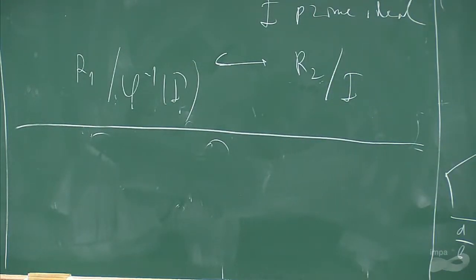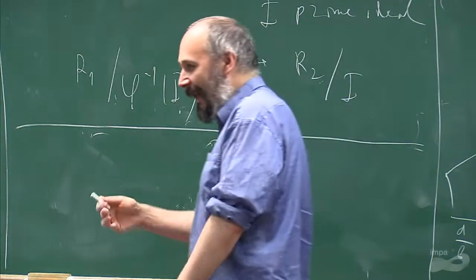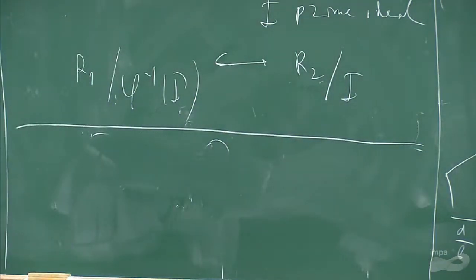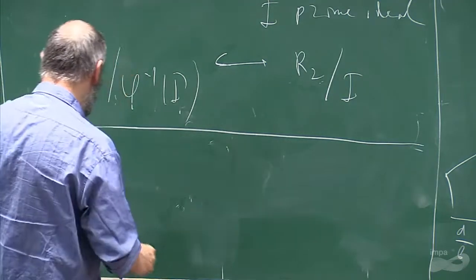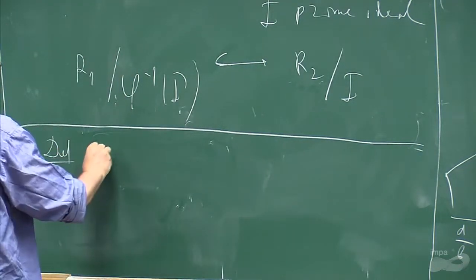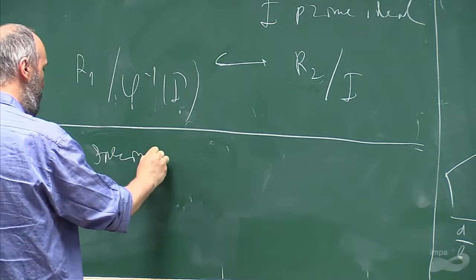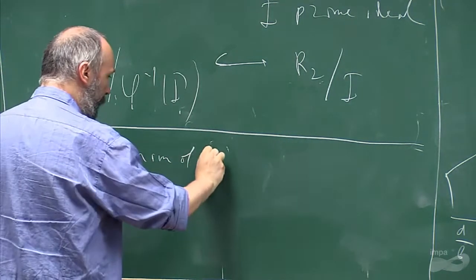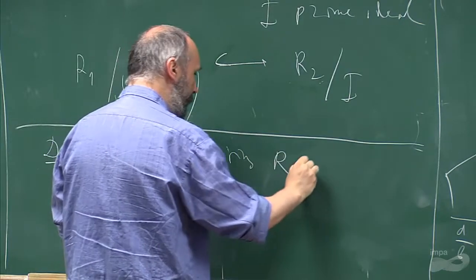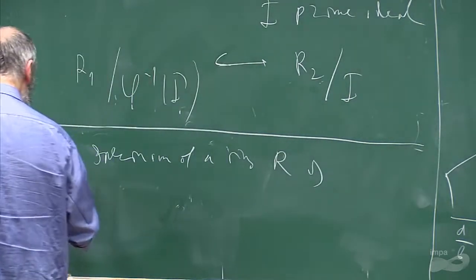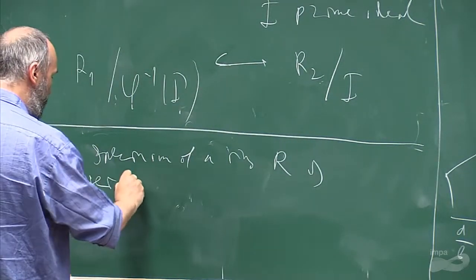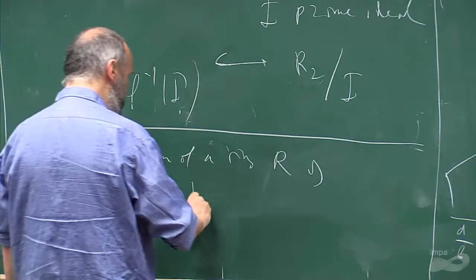If you have a morphism of rings, you don't have a morphism of their spectra. But you do have a morphism of the sets of prime ideals. So definition: the spectrum of a ring R is the set of its prime ideals.